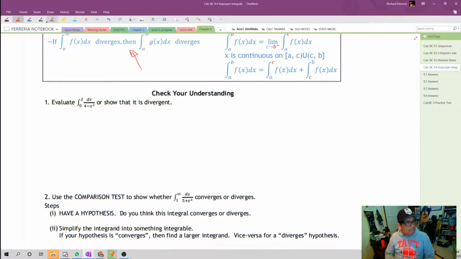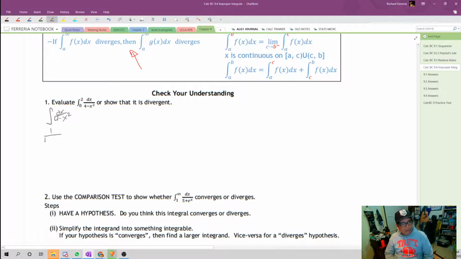So we are going to first find our antiderivative. What is the antiderivative of dx over 4 minus x squared? Well, u substitution won't work. So I think the plan here is to use partial fractions.